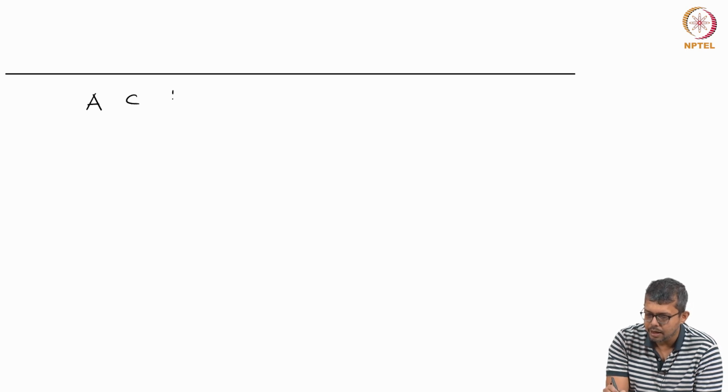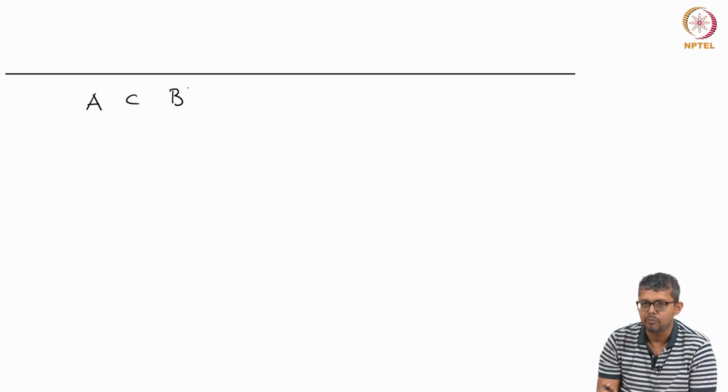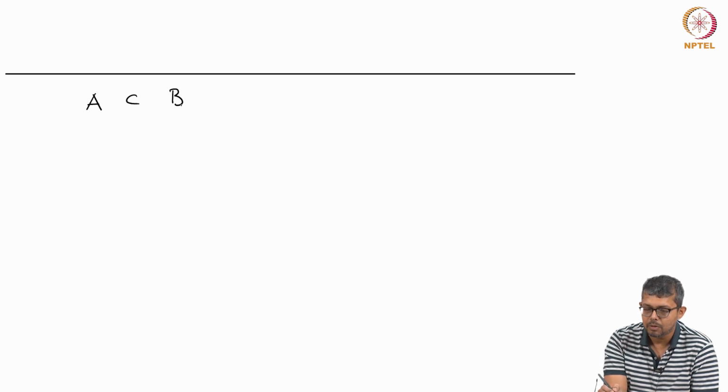Now, when we started integral extension, we started with a subring A of a ring B, and we talked about the elements integral over A, and the set of all integral elements over A forms a subring. But now you can ask a little bit more.